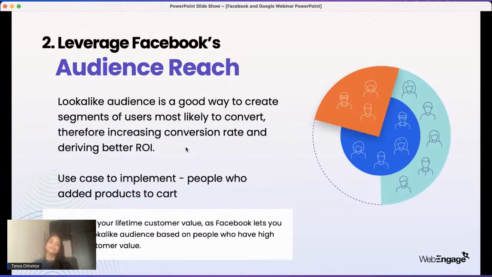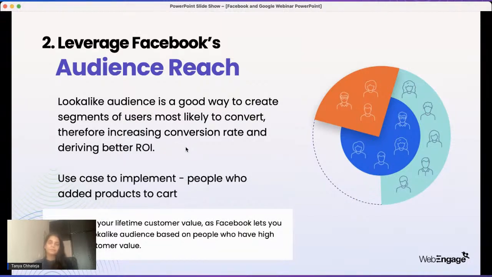The second use case that you can use with this integration is you can get the best of both worlds. You can leverage the audience data that you have on your WebEngage platform, as well as use the reach that Facebook has to offer, and merge these two to create lookalike audiences. Now, lookalike audience is a great way to drive intent and conversions within the same campaign.